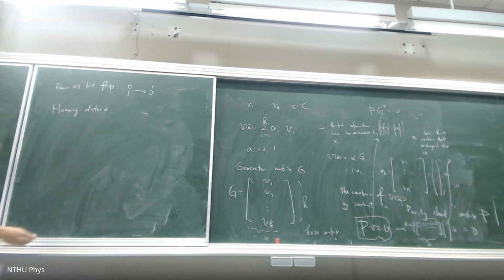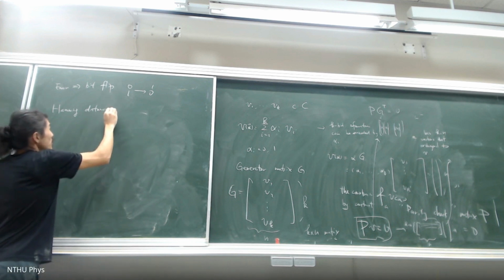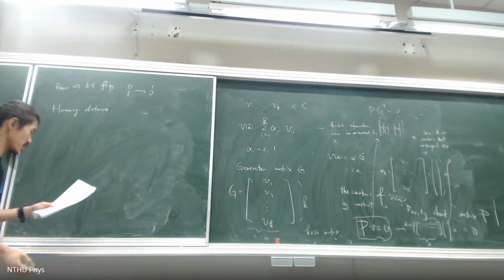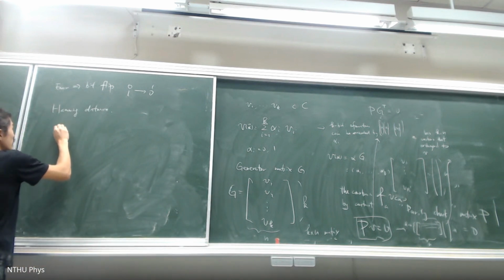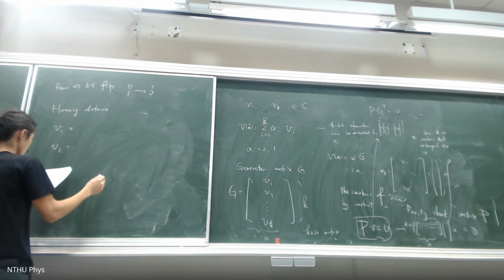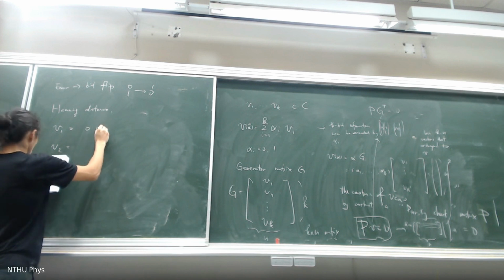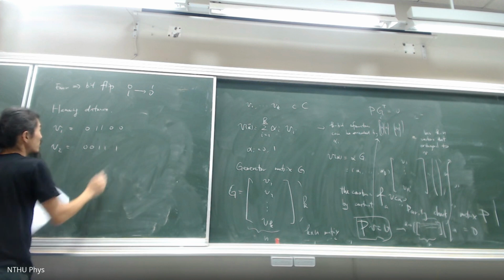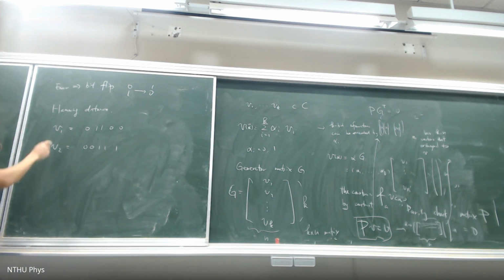So the distance is basically comparing two vectors, right? So I can consider the distance of two vectors V1 and V2. Let's just demonstrate this by an example. So if V1 is 0, 1, 1, 0, 0, and V2 is 0, 0, 1, 1, 1, I ask how many bit flips acting on V1 can take it to V2.